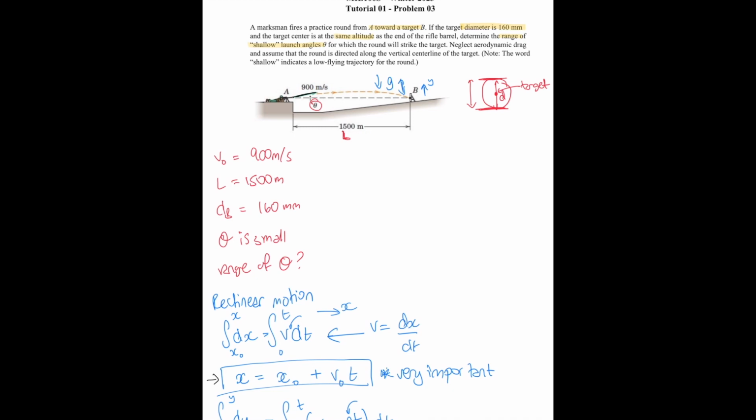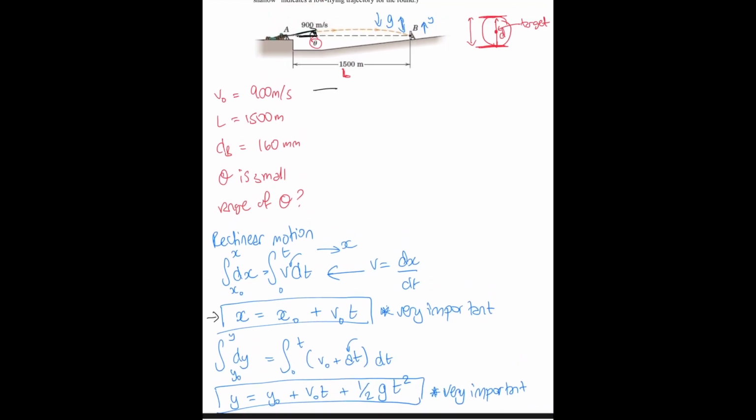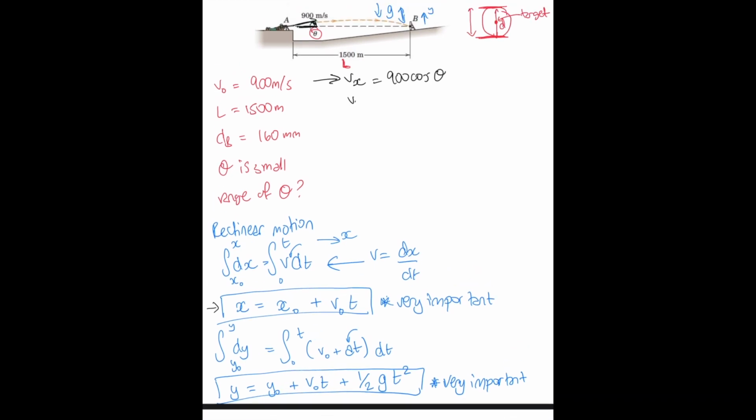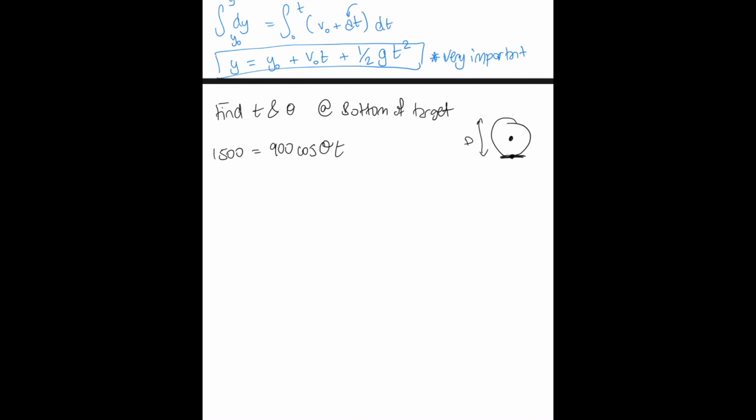Because he's shooting the velocity at an angle. So the velocity in the x direction is going to be equal to 900 cosine theta, and in the y direction, it's going to be 900 sine theta. And that's going to be our first equation.